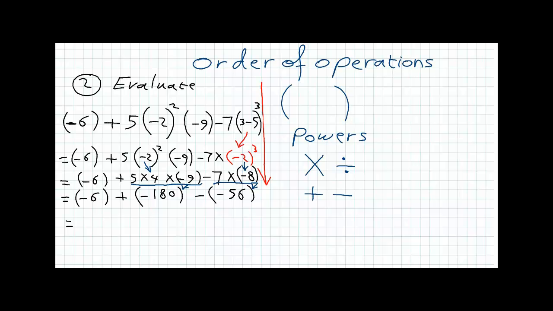So, -6 plus -180, this is -186, plus 56, this will give us -130.